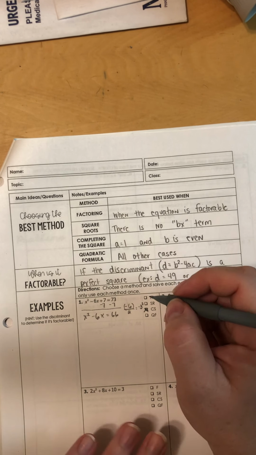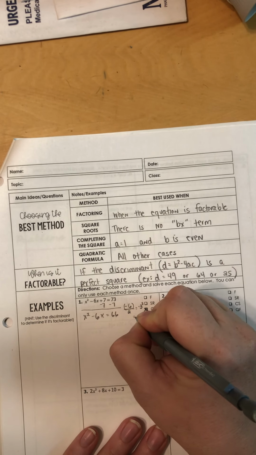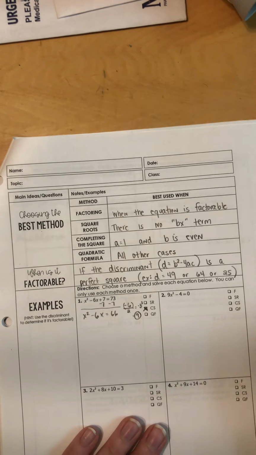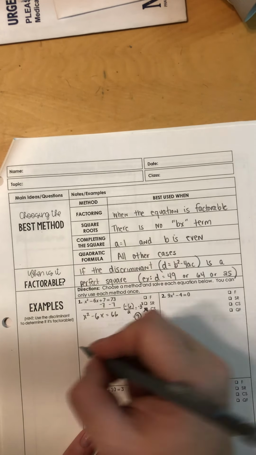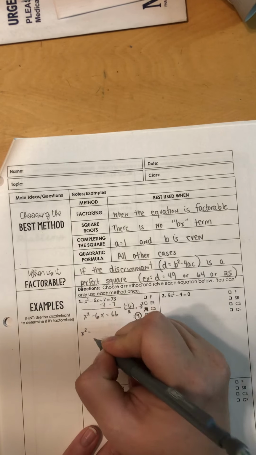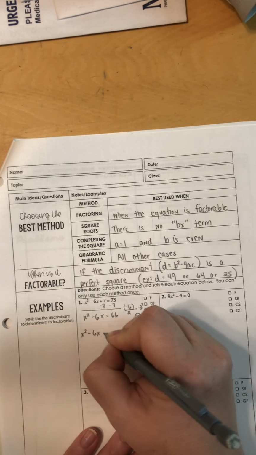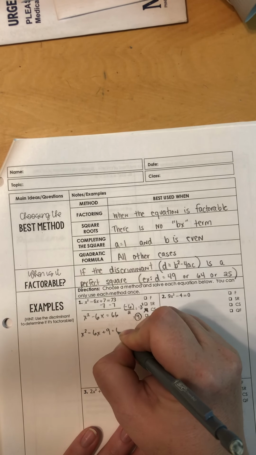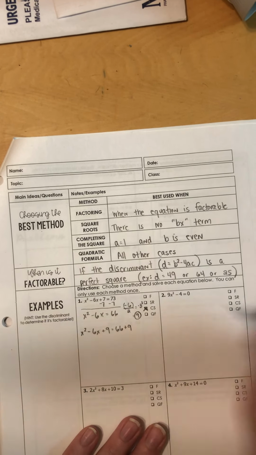Negative 3 times negative 3 gives me 9. That's what I'm adding to both sides: x squared minus 6x plus 9 equals 66 plus 9.